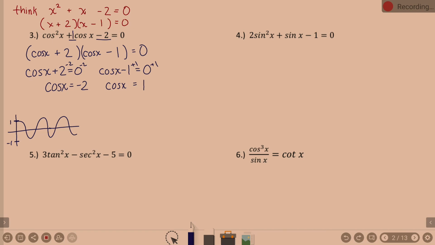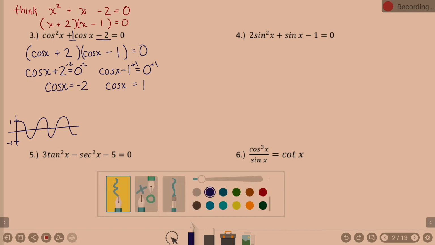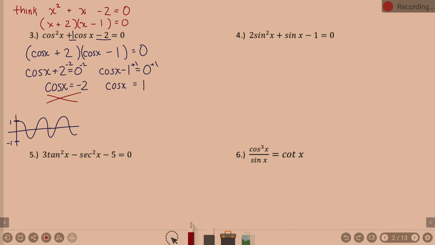No, not unless it's either stretched or shifted. So this one right here just doesn't happen. It is not possible. Okay? Cosine just can't equal -2.